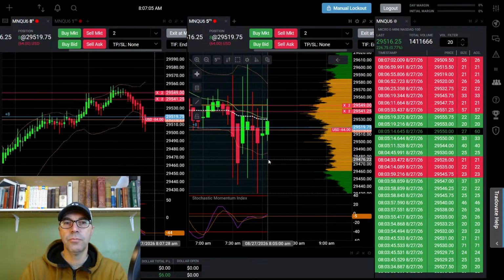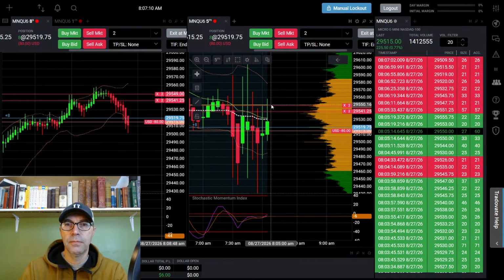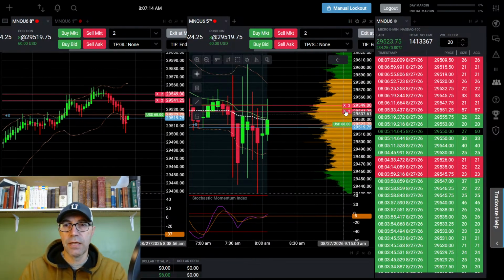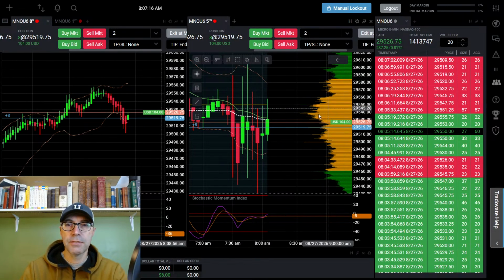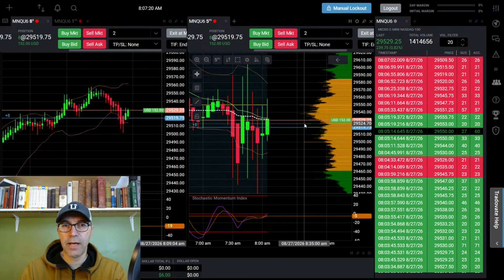Nice, and another beautiful move. Look at that. If it's going to make another one of these dojis, that's insane. That's absolutely insane, man. I will be walking away with a whiplash.